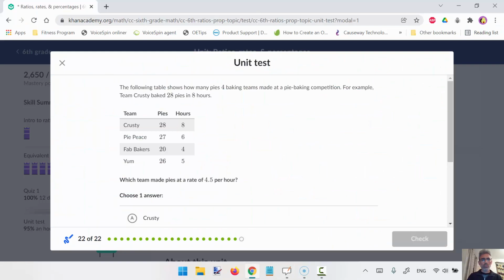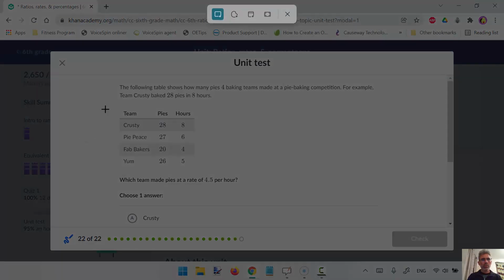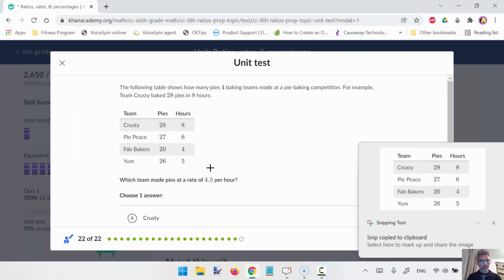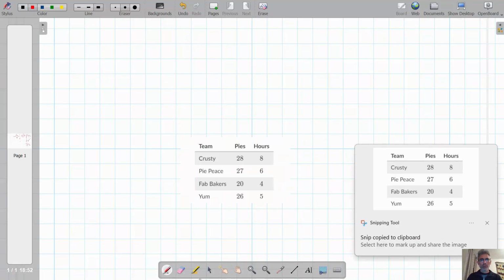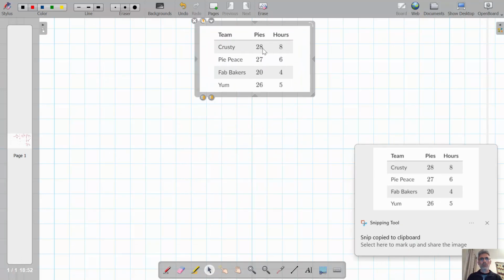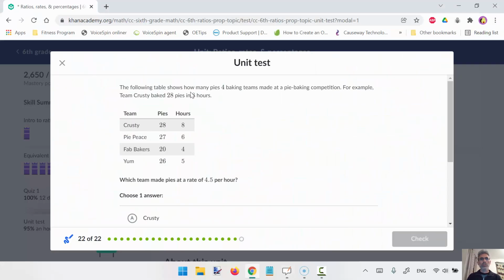The following table shows how many pies 4 baking teams made at a pie baking competition. For example, Team Krusty baked 28 pies in 8 hours.